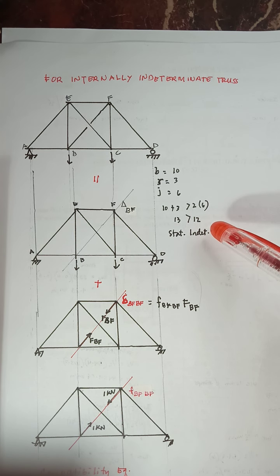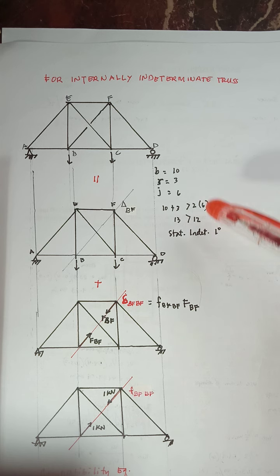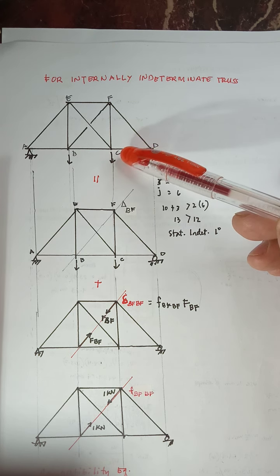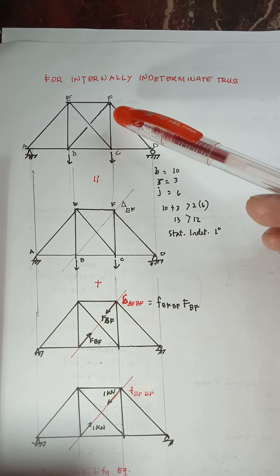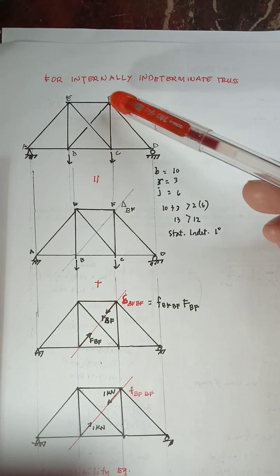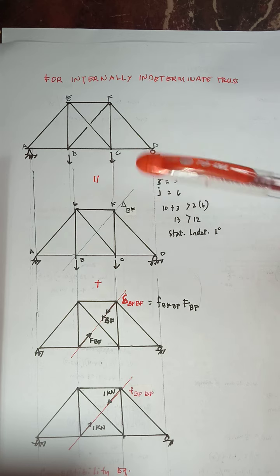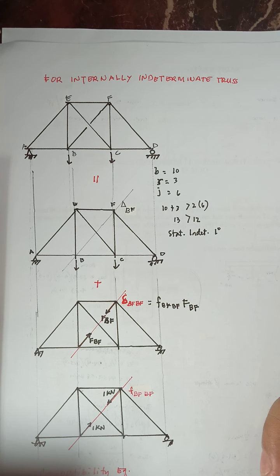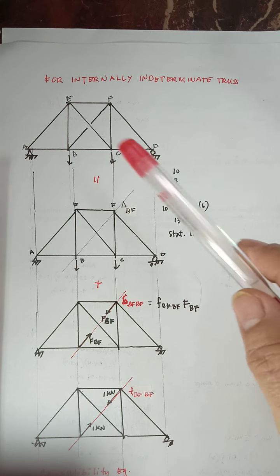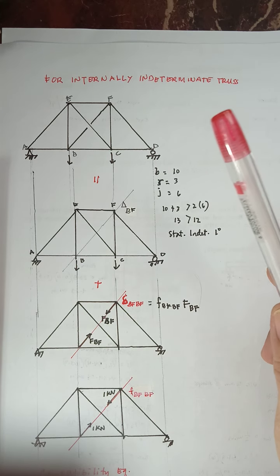Now, it is said that a truss is completely analyzed if you can determine all the forces of the members of the truss. So, the force method of analysis can be applied in this internally indeterminate truss.